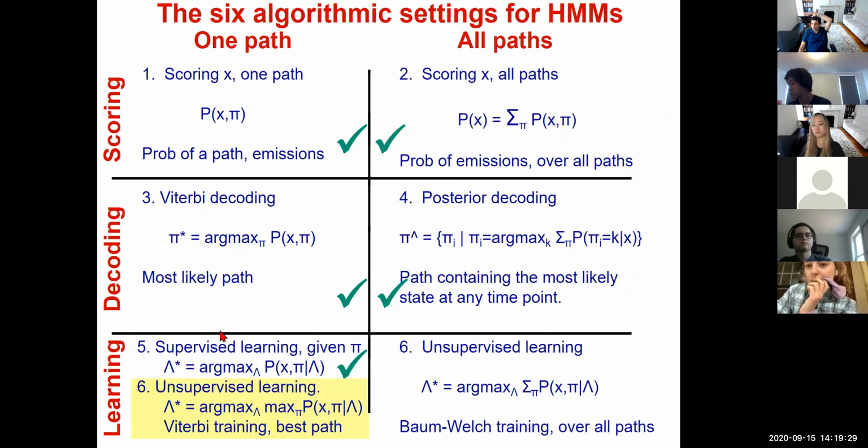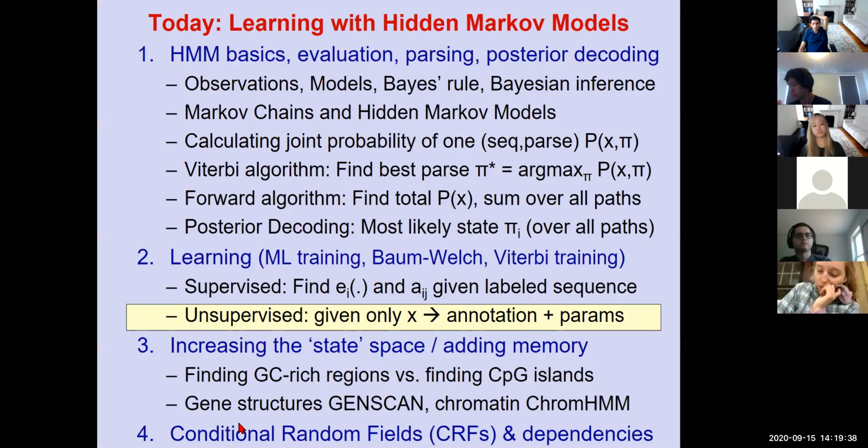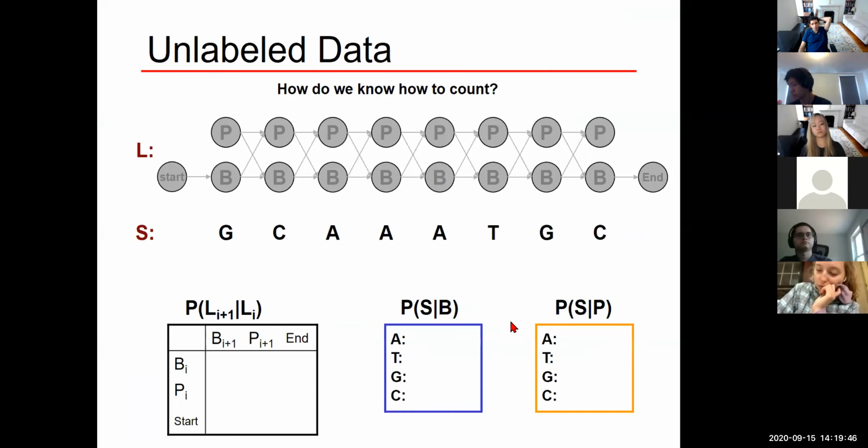Okay, so that's supervised learning, and that's super true. Unsupervised learning is a little harder, so let's dive into it. So how do we infer, given only the sequence, both the annotation and the parameters? Well, we don't really know what to count. We don't really know where to start.